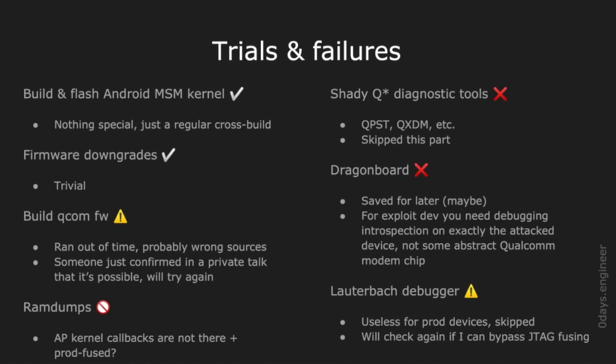I did try to build the Qualcomm firmware from the leaked source codes. I assigned just a few days to this task since it's not mission critical, and I ran out of time. Probably it was a different version of the source codes. But actually this is not a critical project, because building leaked firmware is not directly relevant to finding new bugs in the production firmware.